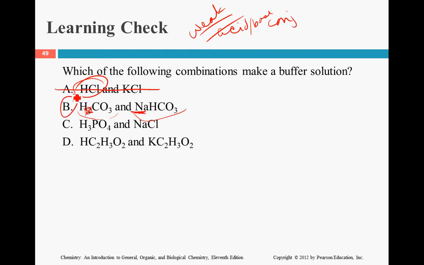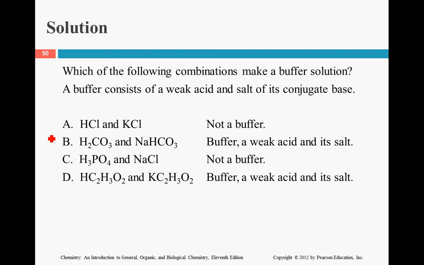H2CO3 is a weak acid, so that's going to work. H3PO4 and NaCl: PO4 and Cl are not conjugate pairs of each other, so that's not going to work. And then we have HC2H3O2, acetic acid, and potassium acetate, KC2H3O2. Those have the same polyatomic ion, minus one hydrogen, plus a metal ion, so that'll work. So B and D are buffer solutions.